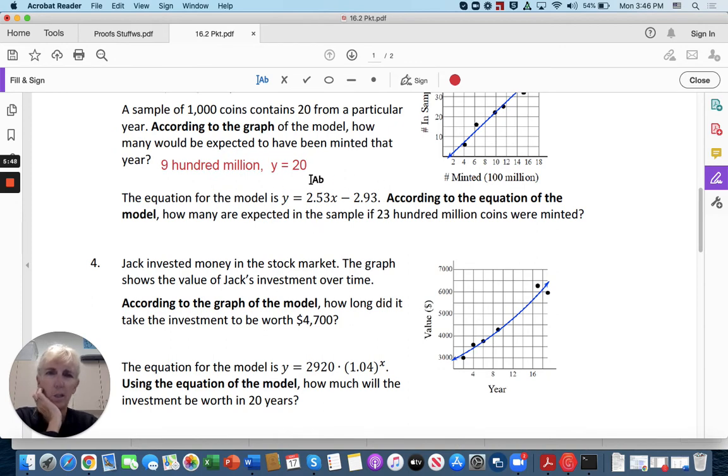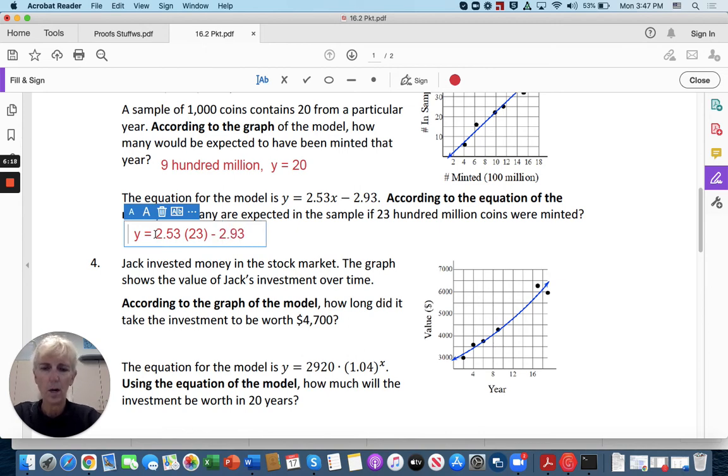So we're going to use the equation the second time if 2,300 million coins were minted. So we could put 23 in as our x value. Let's put y equals 2.953 times 23, because it's 2,300 million, minus 2.93.